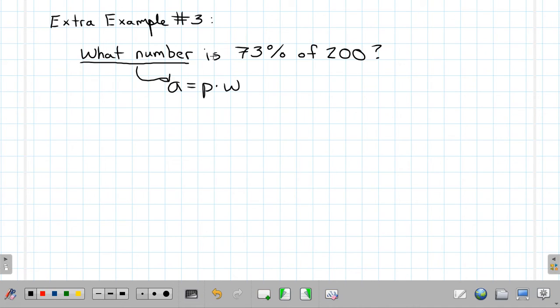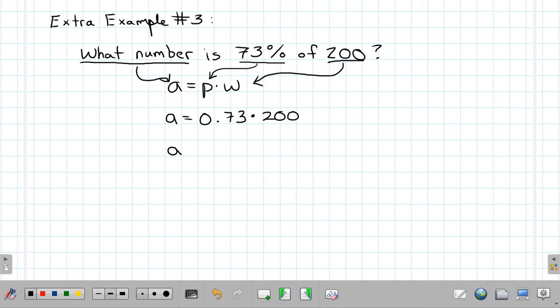So what number is, that's the part. 73% automatically has to be P in this case, the percentage. And of 200, so of tells us what the whole is, and it's 200. So when we plug in, we don't know what A is. We know 73 is the percentage, so 0.73 times the whole, which is 200.